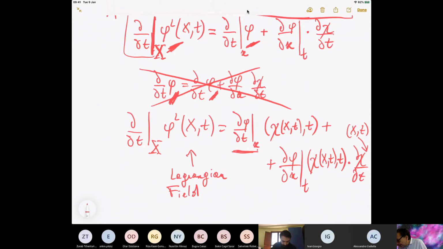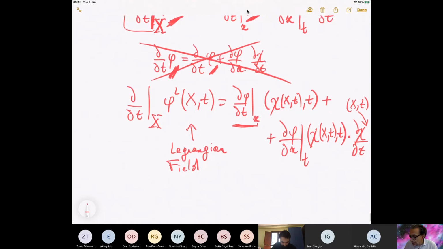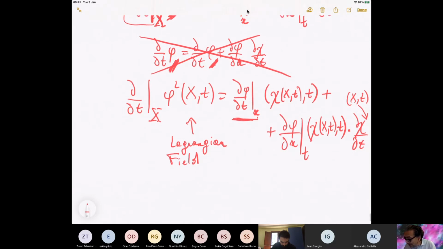So this is the first version of the calculation concerning the time material derivative. However, we need it in the Eulerian description. So instead of evaluating this in capital X, we want to evaluate it in small x. So what we do?